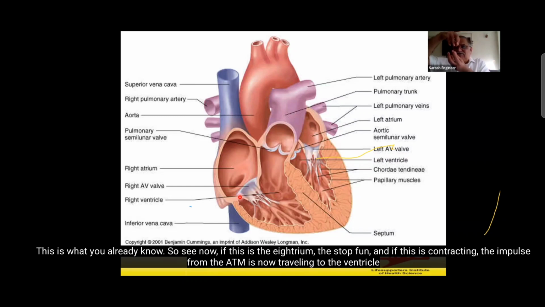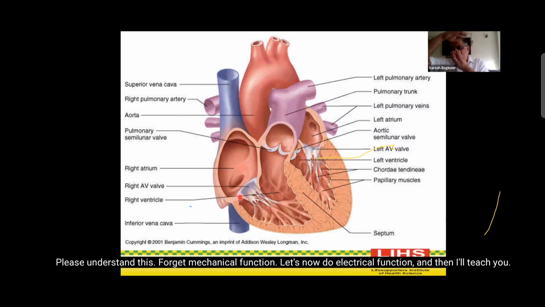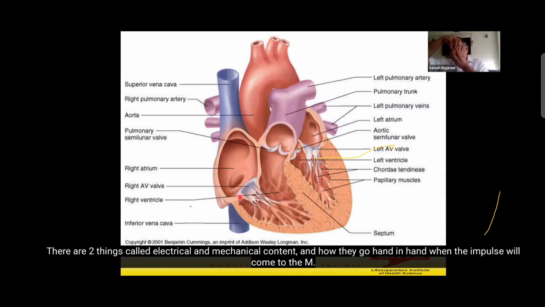So see now, if this is the atrium, this top one, and if this is contracting, the impulse from the atrium is now traveling to the ventricle. Please understand this, forget mechanical function. Let's now do electrical function. And then I'll teach you there are two things called electrical and mechanical function and how they go hand in hand.